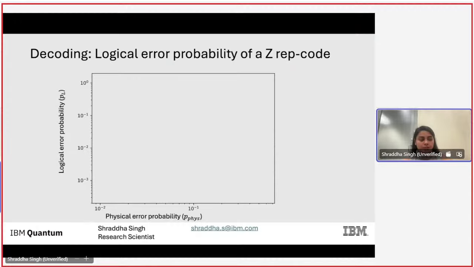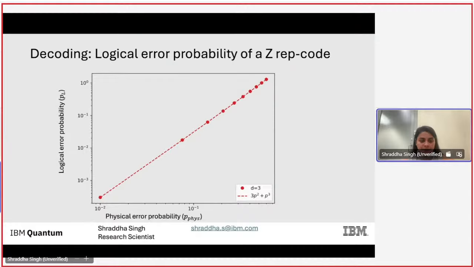So for the 3-qubit repetition code that I showed you on the very first slides, I'm not showing you the performance of Shor's 9-qubit error correction code here. I'm just showing you what happens if the 3-qubit error correction scheme goes wrong.